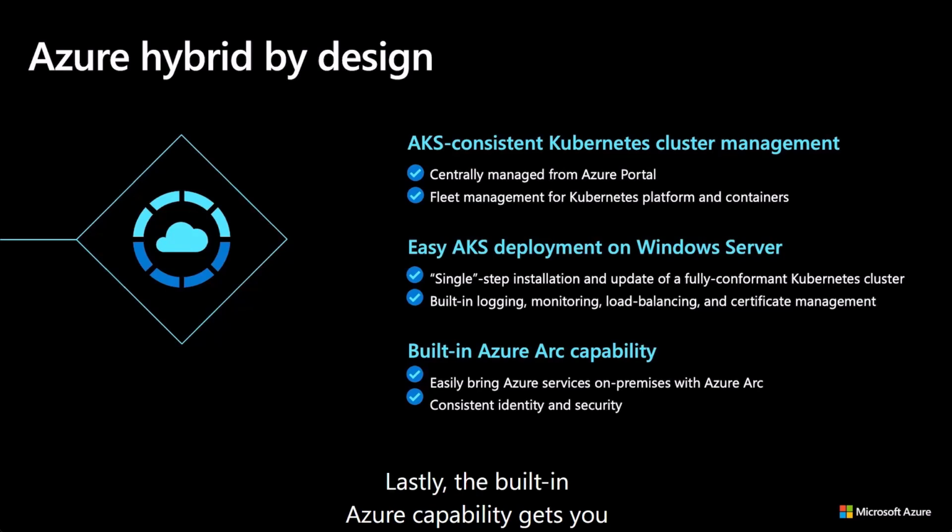And lastly, the built-in Azure Arc capability gets you that connection to Azure so that you can manage your infrastructure, your application estate through the Azure portal. And this opens up a range of possibilities that we'll talk about soon.